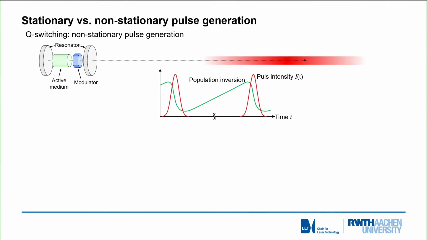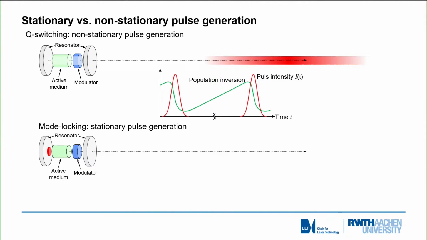In comparison to that, we can use a stationary pulse generation, and that is we just activate the medium, we pump constantly, we have the modulator, and we switch the modulator such that with each round trip it opens up.